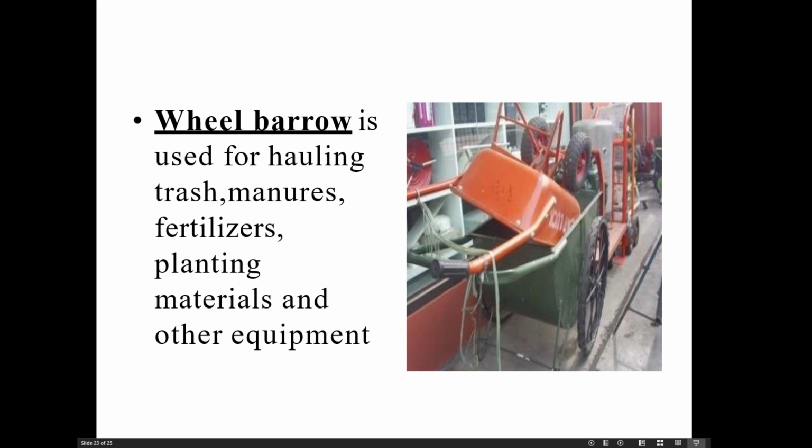Pero usually ginagamit yan for transport purposes or yung paglilipat ng mga gamit kasi mahirap siyang ilipat manually, 'di ba? Yung kamay-kamay lang. So napakatagal. So kung meron kayong wheelbarrow, sobrang laking tulong 'yan para sa inyo. Mas gagaan yung trabaho nyo.